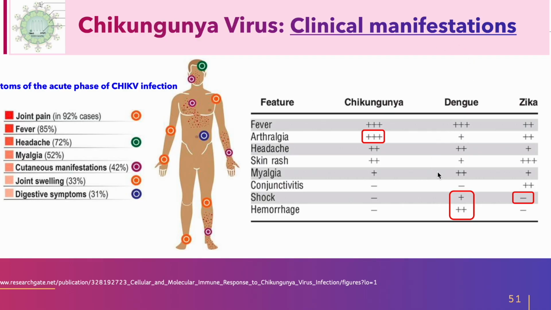Dengue has shock and hemorrhage. Meanwhile, Zika virus has no shock and hemorrhage, but a skin rash is dominantly seen.